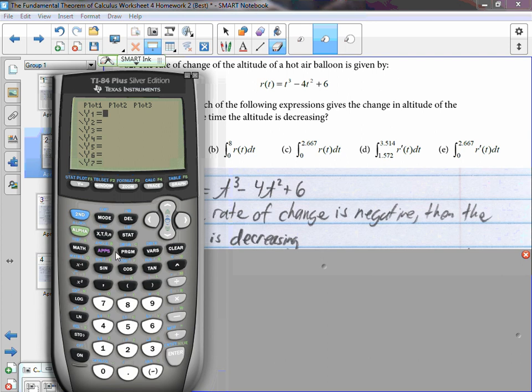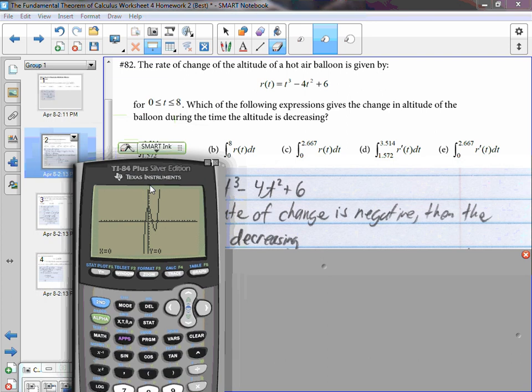So x cubed minus 4x squared plus 6, and I'll graph that. I want to zoom out and be able to see more of that. Okay, so we got that.